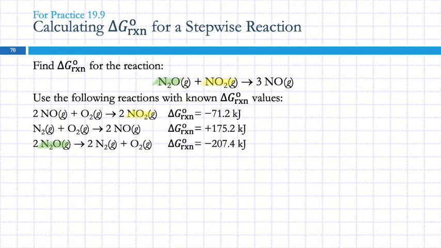This is NO2. Oh, that's the only NO2. And then maybe we'll use blue for NO. Where's the NO? We've got NO here and NO there. And then there's nitrogen and oxygen in there, right? These are not going to show up in our final equation, so they better cancel out.